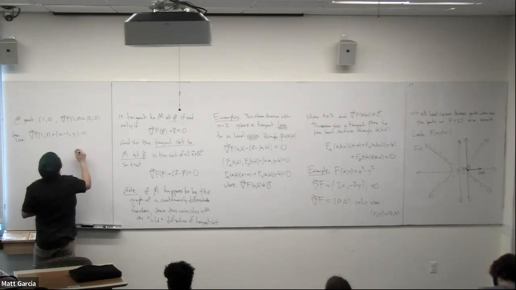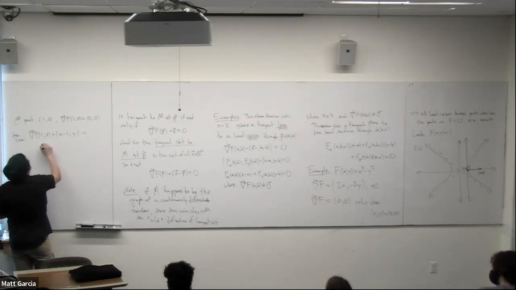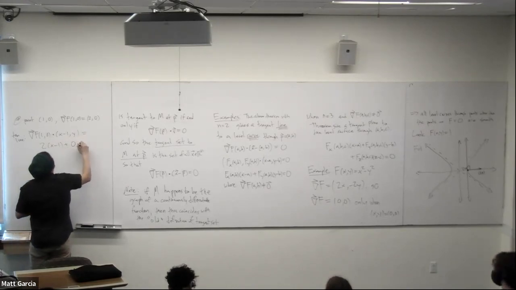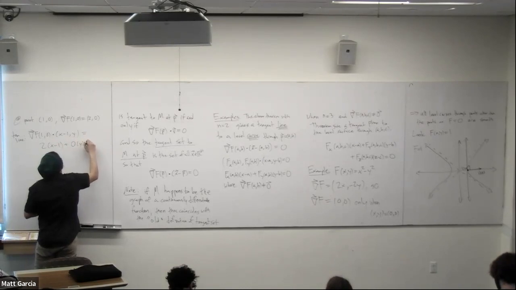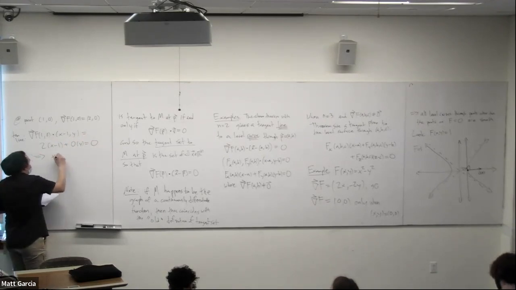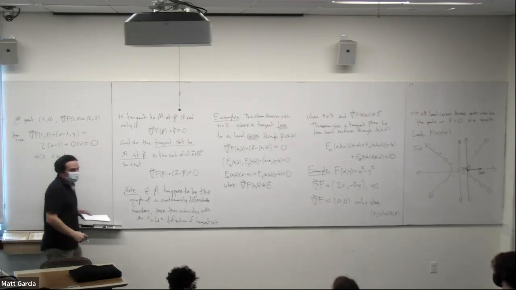And what do we get here? We get 2 times (x minus 1) plus 0 times y equals 0, which a little bit of algebra will confirm what was already said. This is just the line x equals 1.